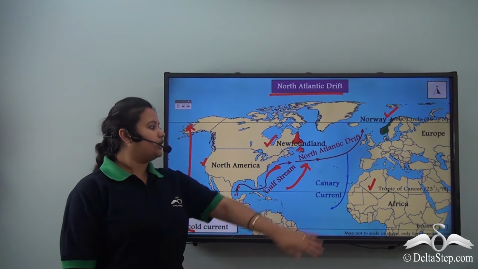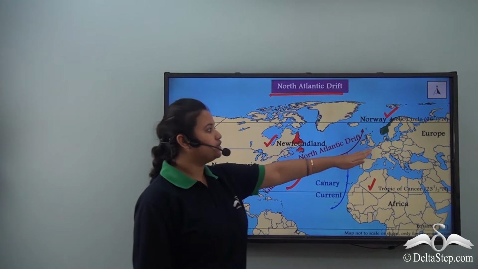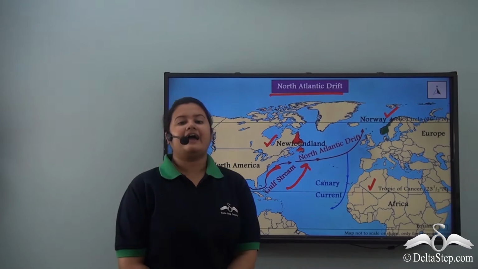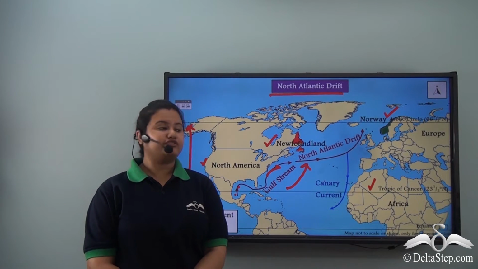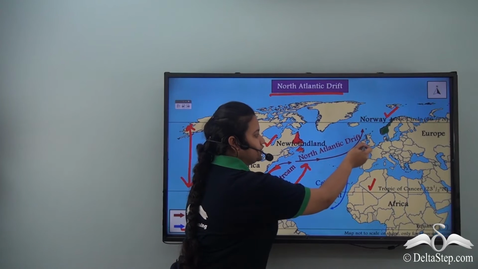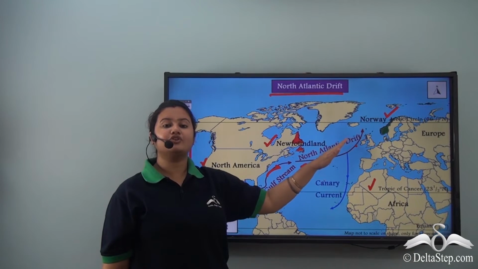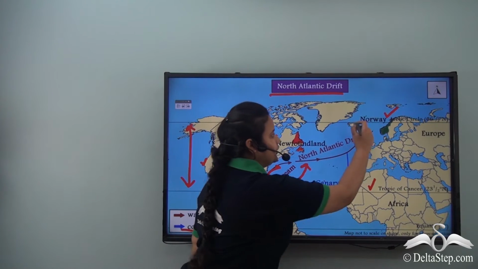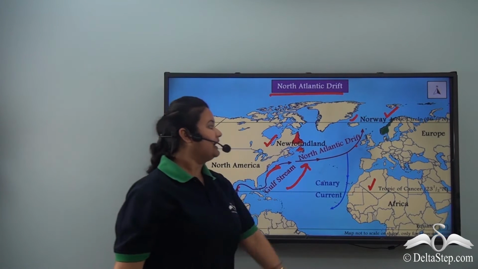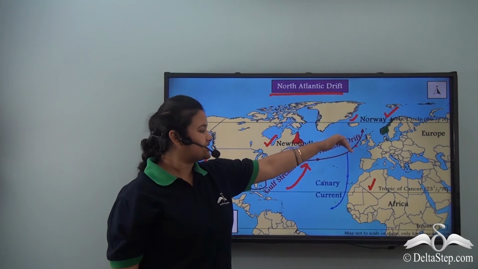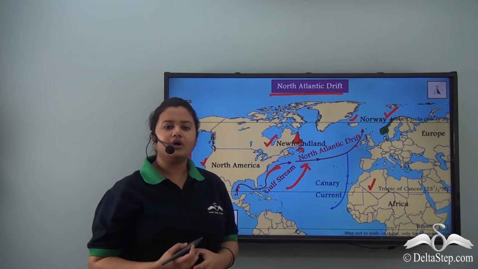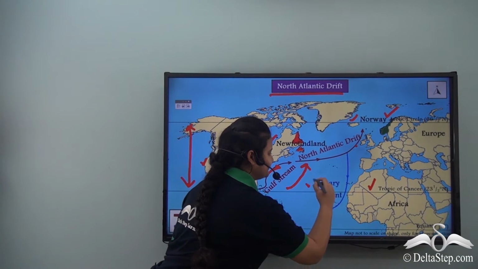The North Atlantic Drift again flows towards Europe. And when the North Atlantic Drift reaches the western coast of Europe, it branches into two. The first current flows northwards towards Norway, and the other part flows southwards as the cold Canary Current.